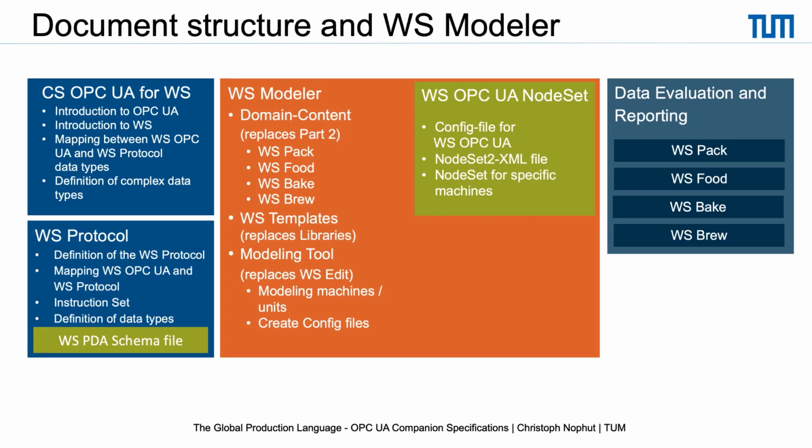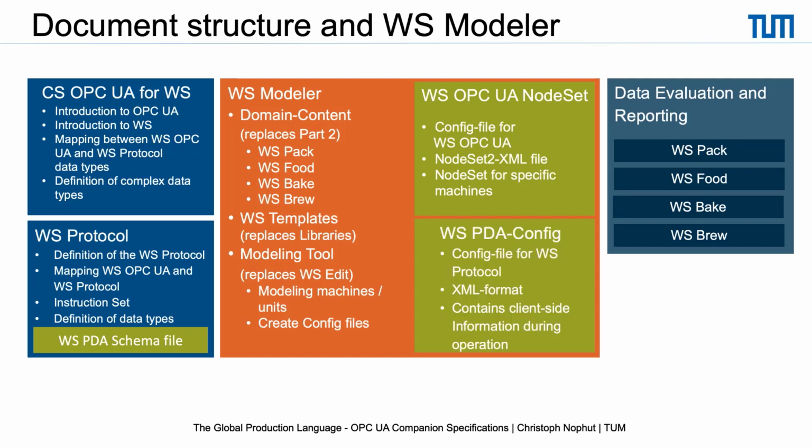We also have a document for the WS protocol. The WS protocol is the current way to communicate for the Weihenstephan standards, and it's also possible in the future to use such a protocol. The modeler is capable as well of creating a config file, the BDA config file for the WS protocol.